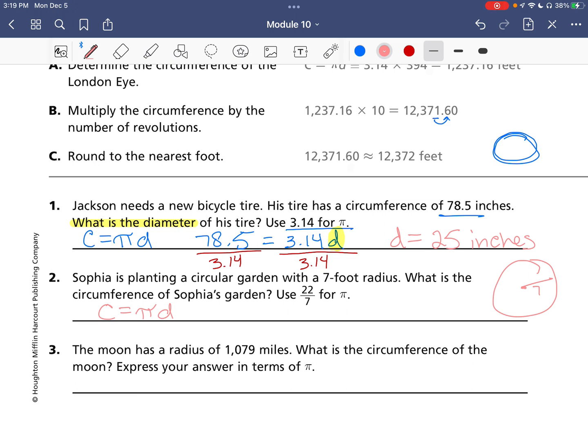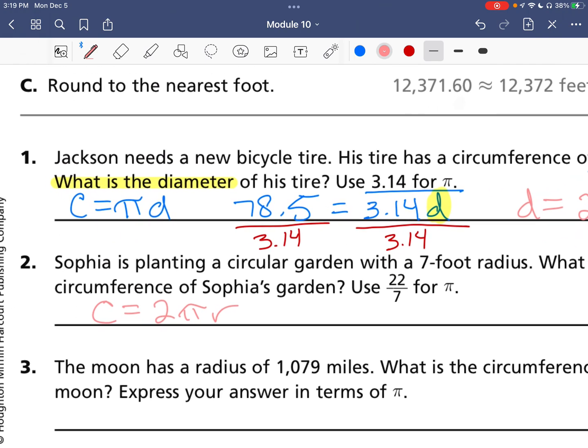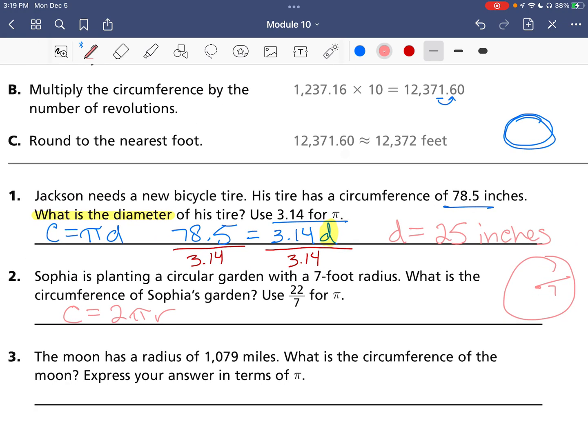So circumference equals pi times diameter. Oh, actually, we should use our 2 pi r because we know the radius. You could use this one and just double it as well, but we'll use this formula for now. Let's plug in what we know.